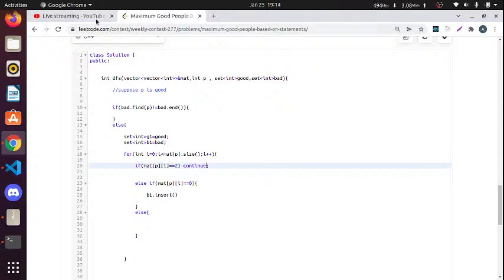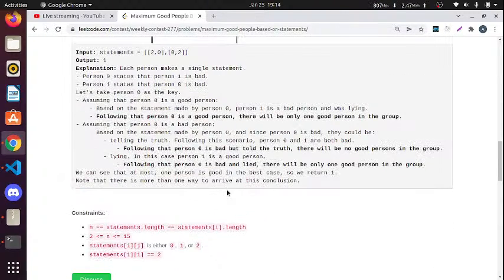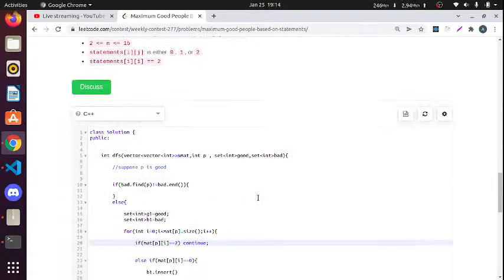Should there be a set or what? Oh, these are the four. Good person, bad person, right?